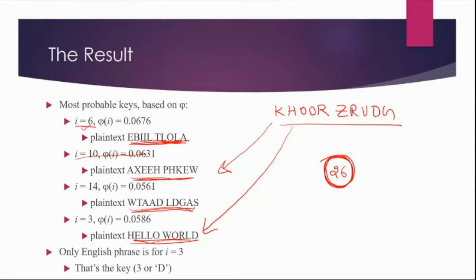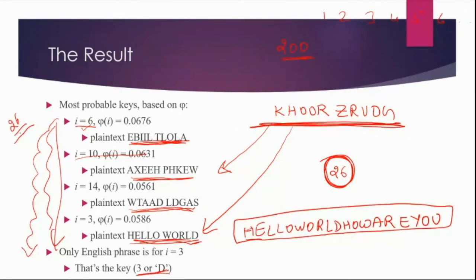Whereas in this case, in only a few trials you can get to the exact plaintext corresponding to the ciphertext. So in this way, using statistical knowledge, we are actually optimizing our cryptanalysis algorithm.